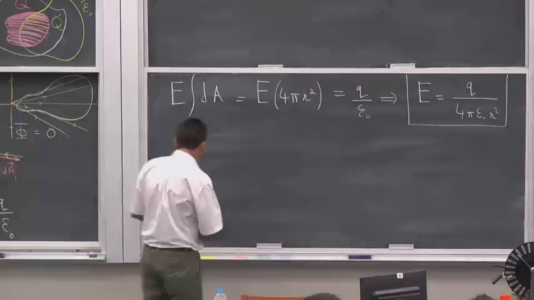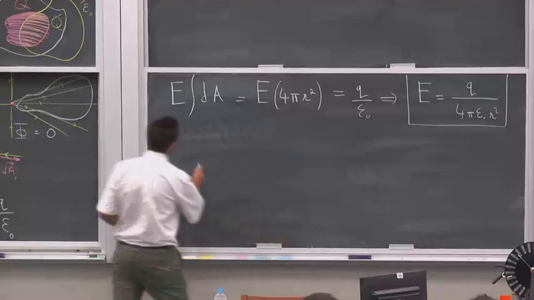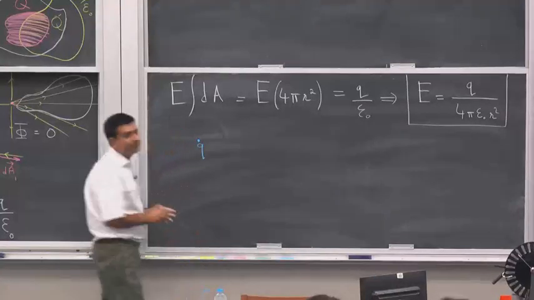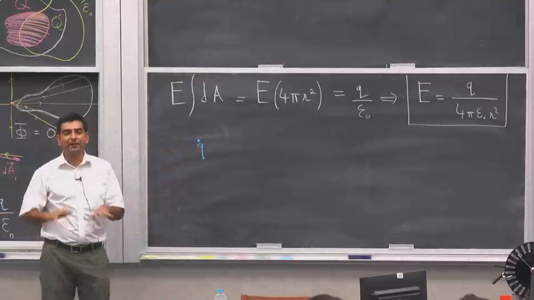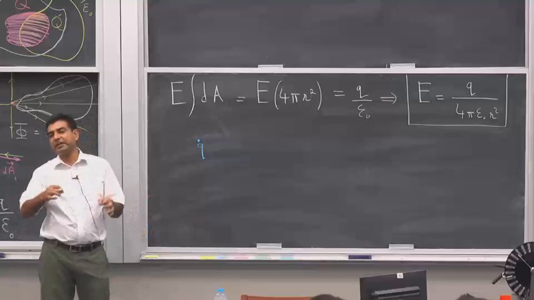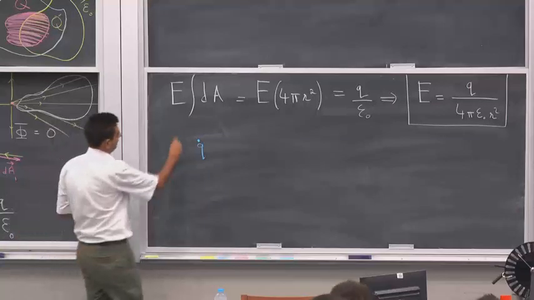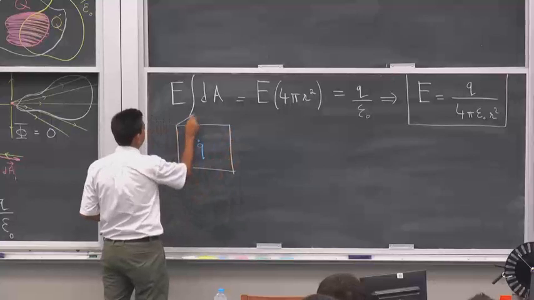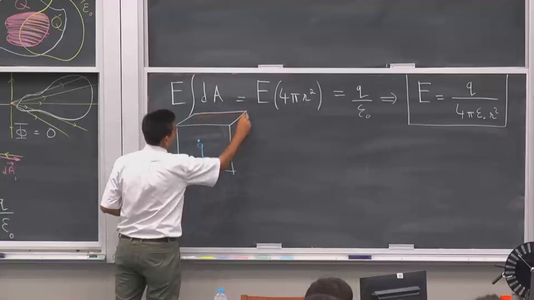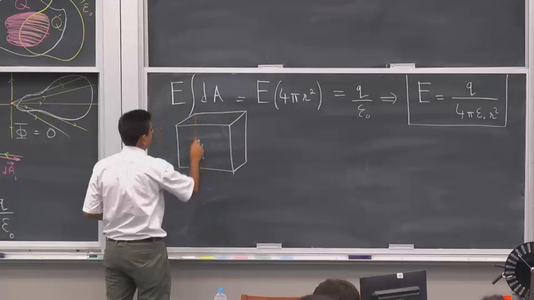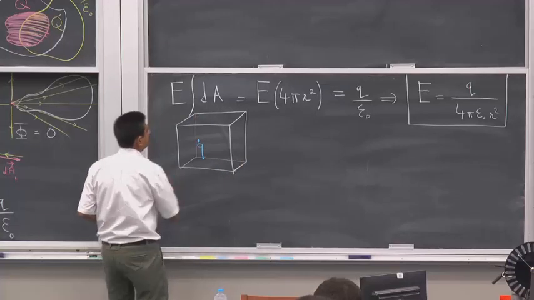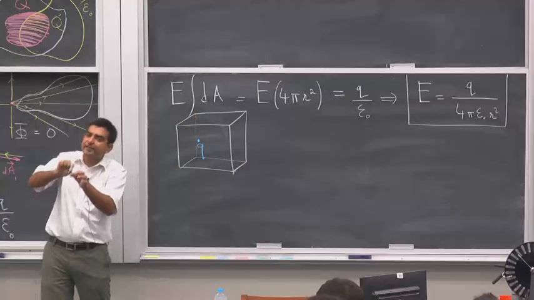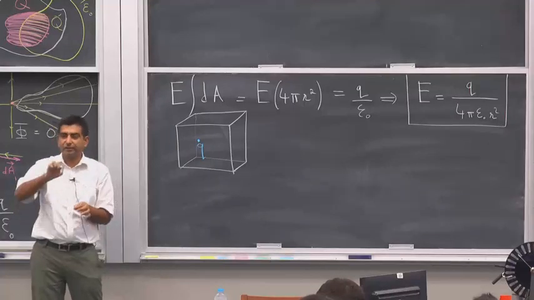Now suppose I have the same point charge Q, and instead of a nice sphere, what I do have is a cube, and this charge is placed at the center of the cube. So now this charge is exactly at the centroid of this cube, at the center of gravity of the cube.